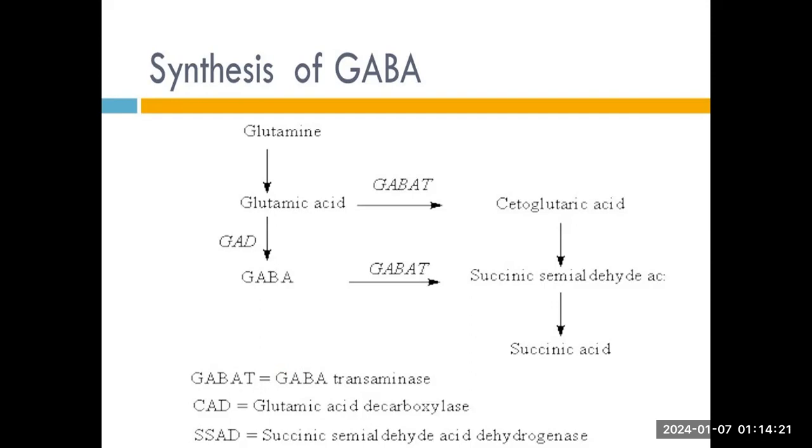GABA, in the presence of GABA transaminase, is also converted into succinic semialdehyde. So glutamic acid and GABA both can be converted into succinic semialdehyde through different channels.